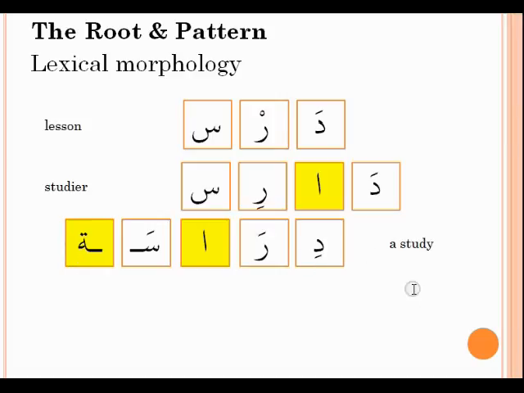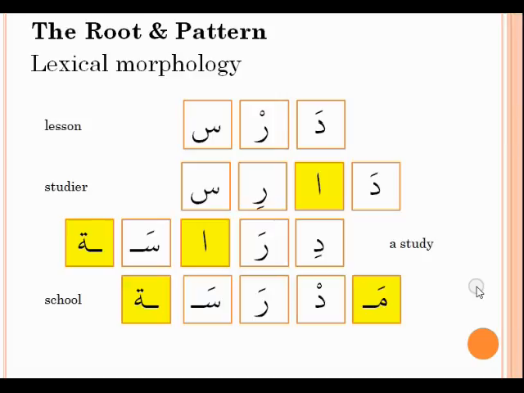So you see, I'm giving you some ideas for the extra letters you can add. Another word, madrasa. Madrasa here meaning school. So we've attached not only a ta marbuta as the previous word to the end of the word, but also a mim at the beginning of it. So this mim indicates location, and this is a school, the location of where you study.